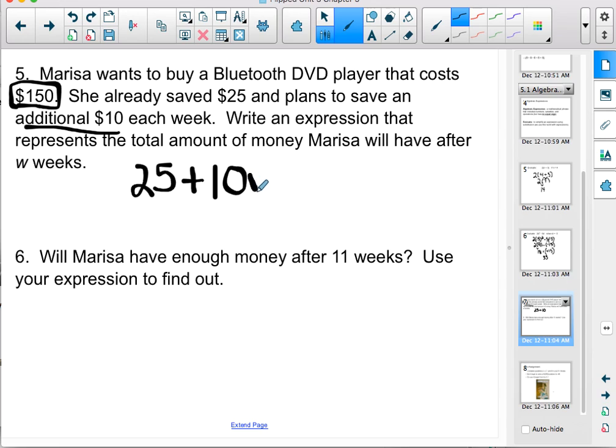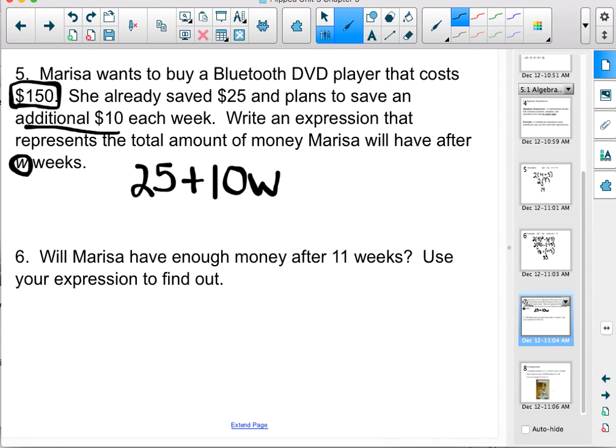So that tells me that I'm multiplying the 10 by this variable, W, which is going to represent our weeks. So the expression that we are going to write to represent the amount of money Marisa has after W weeks is 25 plus 10W. 25 is what she starts out with, plus $10 times every week that goes by.